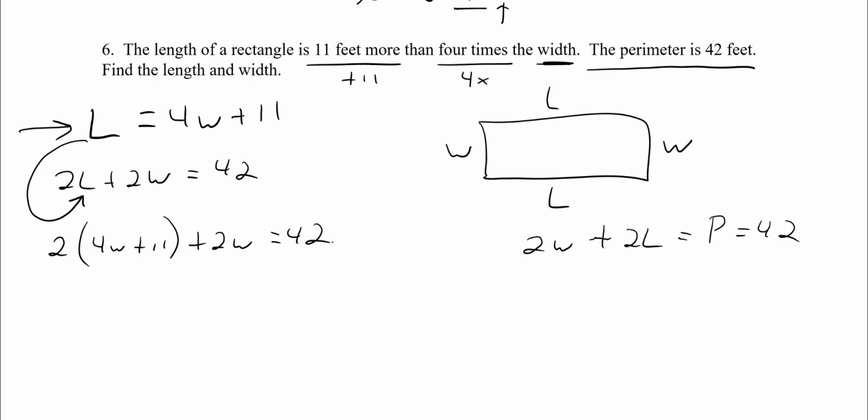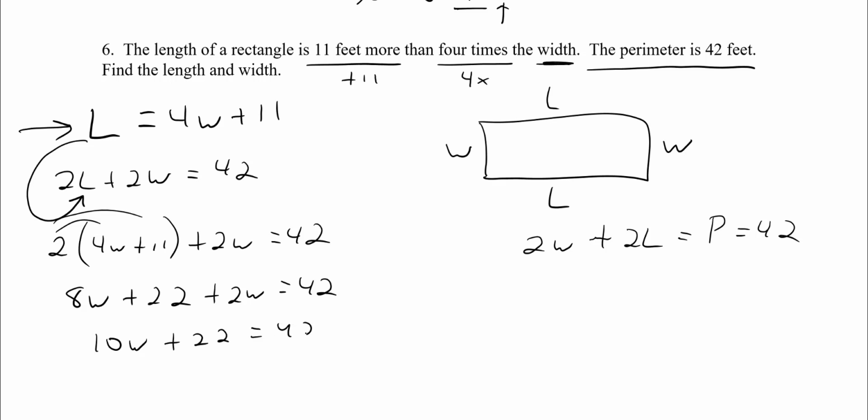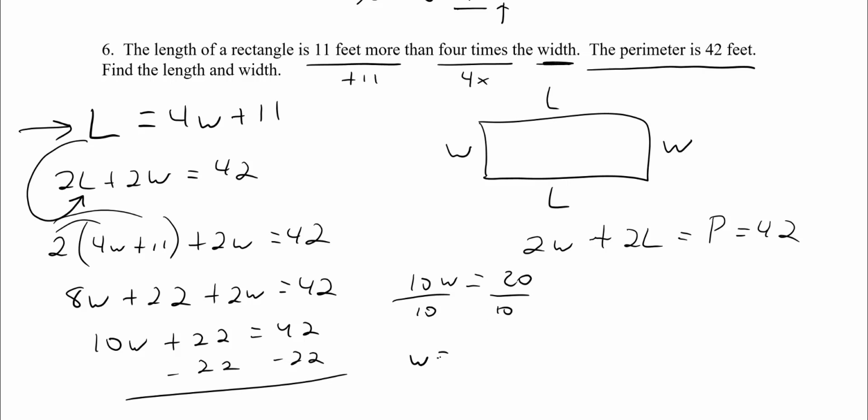So if I actually distribute now, 2 times 4W is 8W, 2 times 11 is 22, plus 2W equals 42. So we get 10W, which is 8W plus 2W is 10W, plus 22 equals 42. Minus 22, so I get 10W is equal to 20, and divide by 10. So W equals 2, and it's 2 feet.